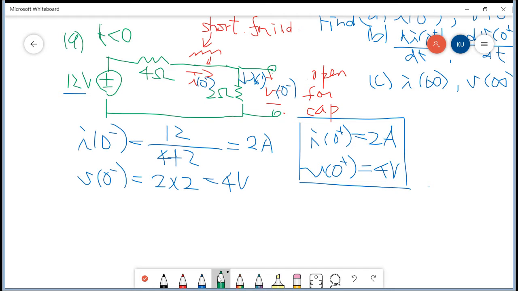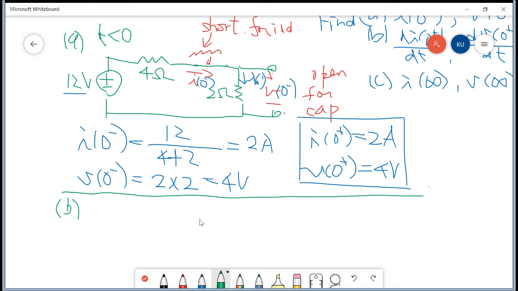So for part B, what we need to use is the inductor.